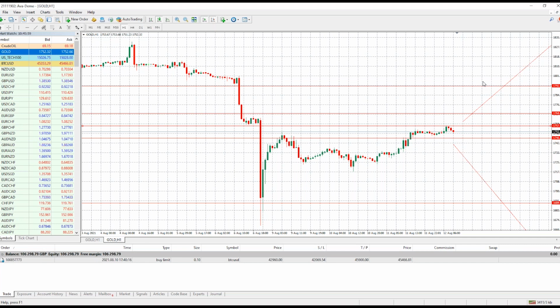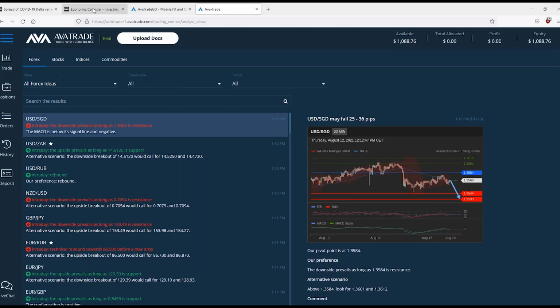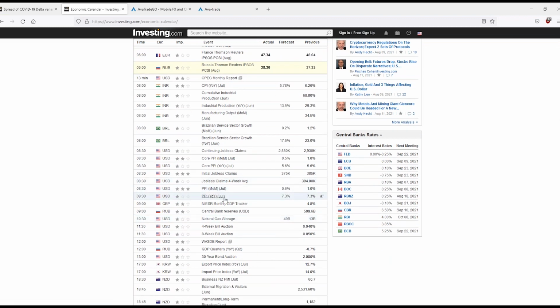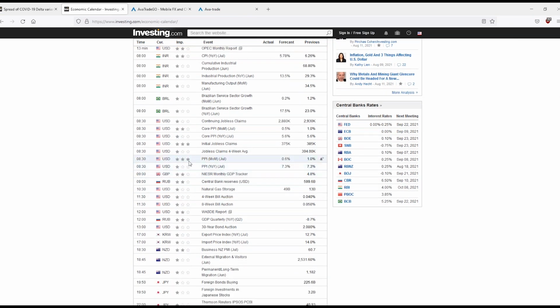Robert, you're asking, what is PPI? Let's go back. Economic calendar. The PPI numbers are coming out right here. You see it's a 3-star announcement, meaning high volatility expected. You see the pop-up. It says high volatility expected when you point at a 3-star. It's a big deal, the 3 stars.